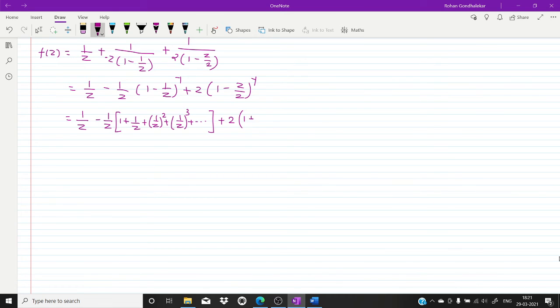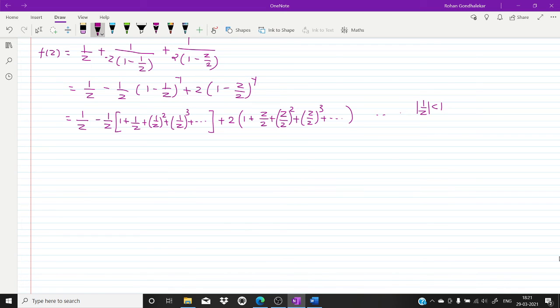Again same, 1 plus variable, that is z by 2 plus z by 2 square plus z by 2 cube plus and so on. Is it? Now this is because modulus of 1 upon z is less than 1.